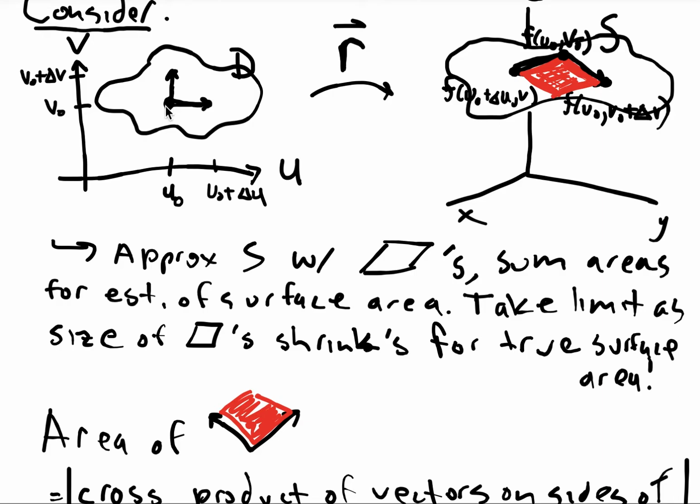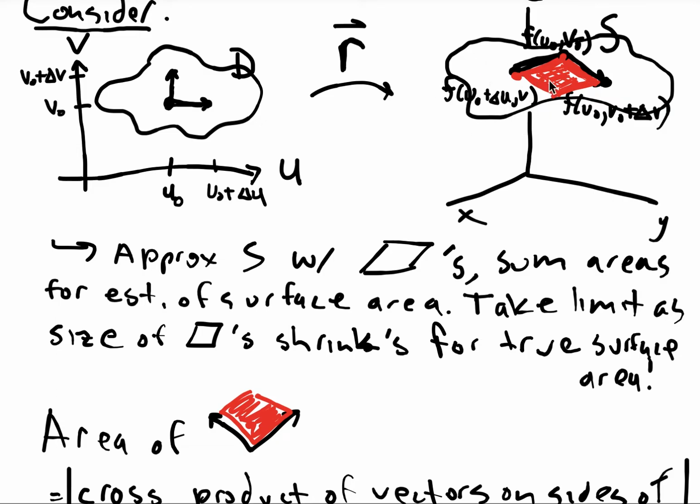So you notice this U0, V0 is the starting point for this bottom vector, but the ending point is U0 plus delta U, comma V0. So I've got an initial and a terminal point for that vector, and those two points will map forward by R to this surface. That means these will correspond to an initial and a terminal point over here on this vector. And I've designated this accordingly, that U0 plus delta U comma V0.